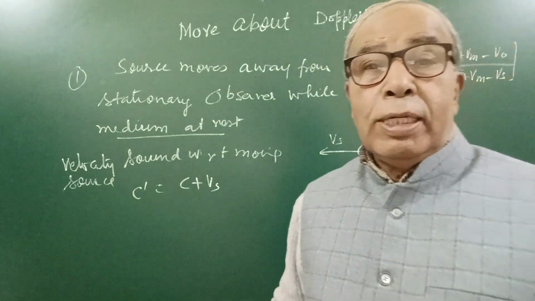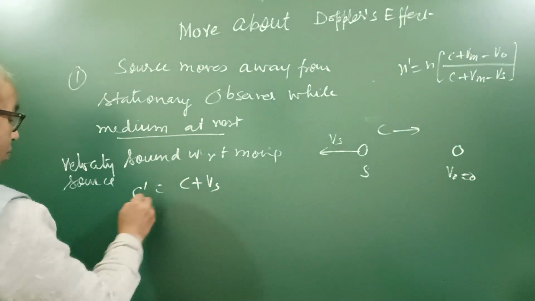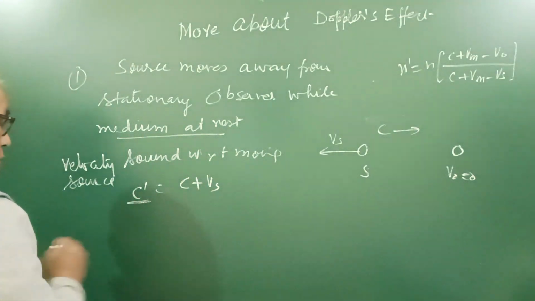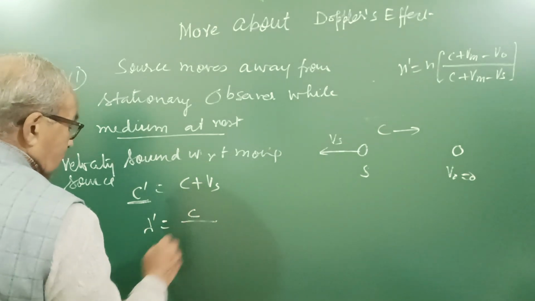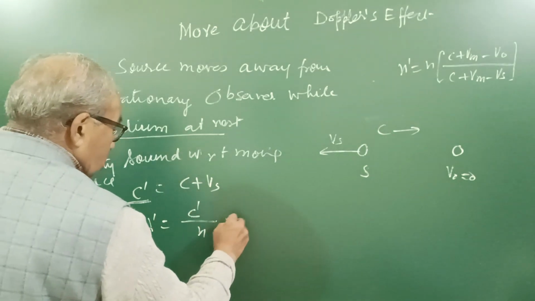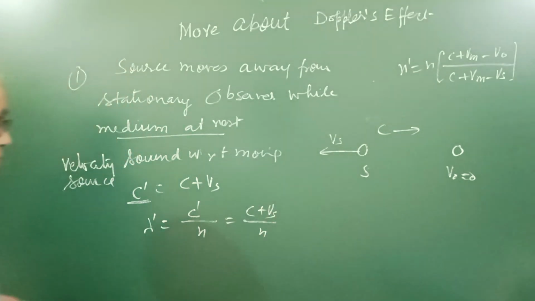So your velocity gets added to that velocity. So when the wavelength changes, lambda dash is c dash by n, that is, equal to c plus vs upon n.